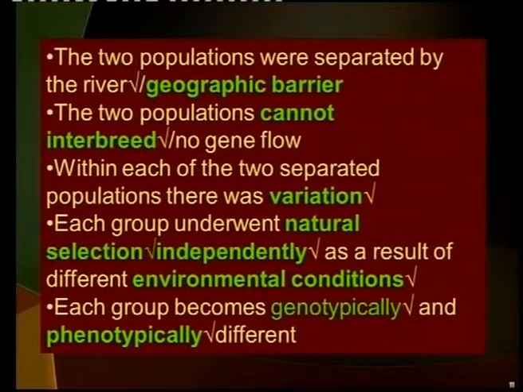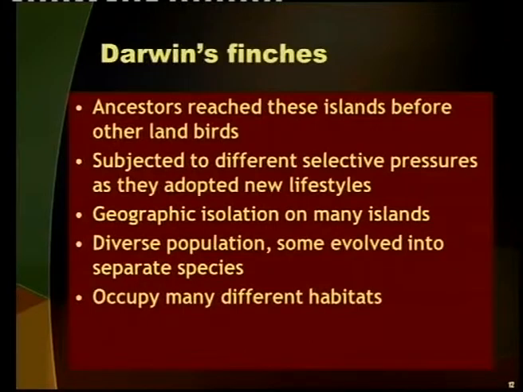Because there is variation, now that they are separated, small changes over the years under different environmental conditions will cause natural selection to change the species genotypically, in other words as far as genes, small mutations, and as a result also phenotypically. And then they will not recognize each other again.